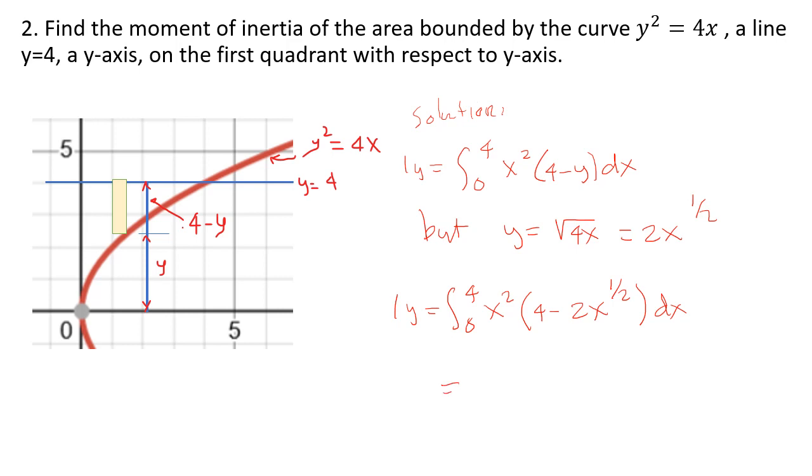equivalent to the integral from 0 to 4 of 4x squared minus 2x to the power 5 over 2, this one is dx.